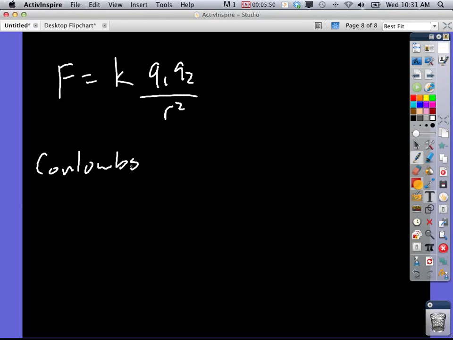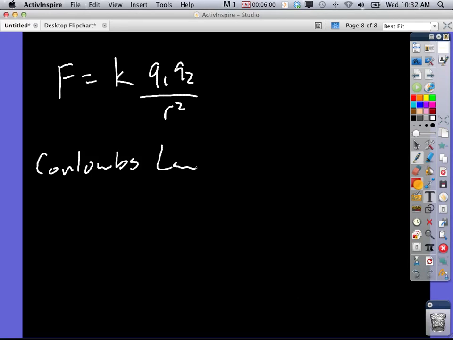So that's a general concept. The force between two particles is this, called Coulomb's law. That describes how much force there is between two particles.